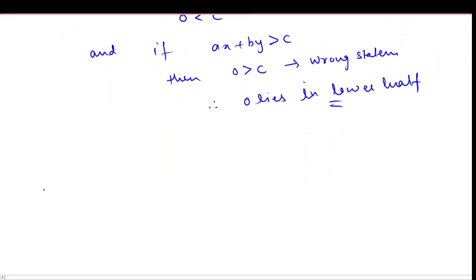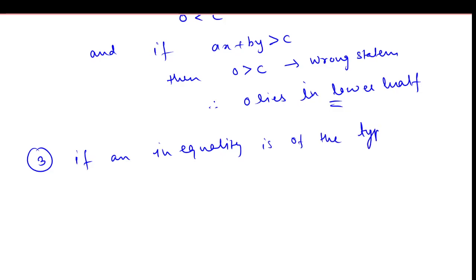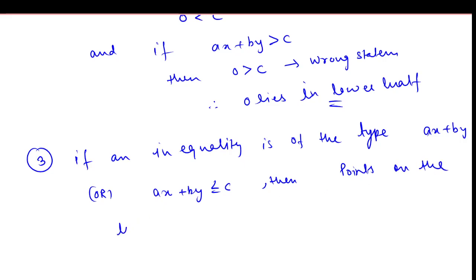Next is the third point. If an inequality is of the type ax plus by greater than or equal to c, or ax plus by less than or equal to c, then points on the line ax plus by equal to c are also included in the solution region.